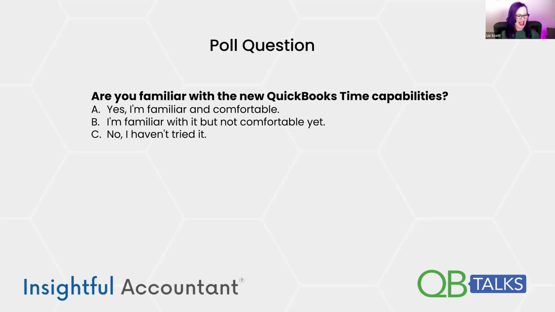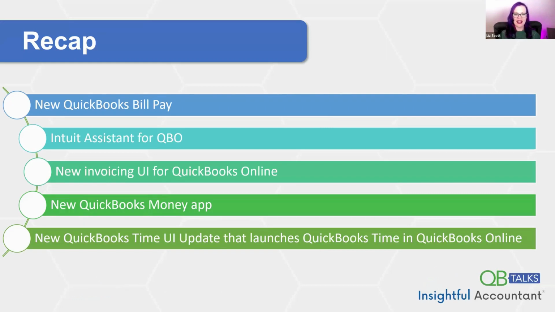All of these new functionalities are super fun to play with. You know, the invoicing, I got excited about it once I started diving into it. The bill pay, I think that we've had several different versions of bill pay for a while, and all of us have been wanting to have something that is stable and not going away.